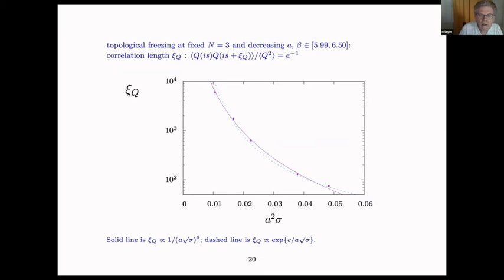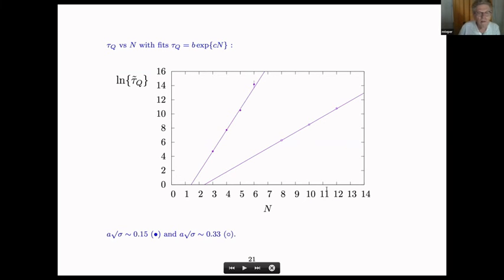But anyway, that's just to illustrate the freezing. Anyway, let's go back to here. So this is the average number of sweeps between changes in the topological charge by 1 unit. Here I've taken 2 sets of calculations for different n, in this case 3, 4, 5, 6, where the lattice spacing is almost the same in units of the string tension.